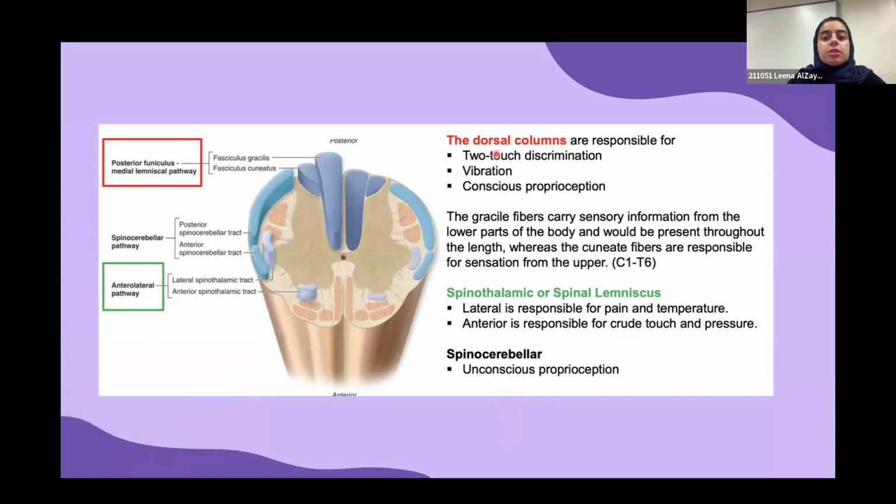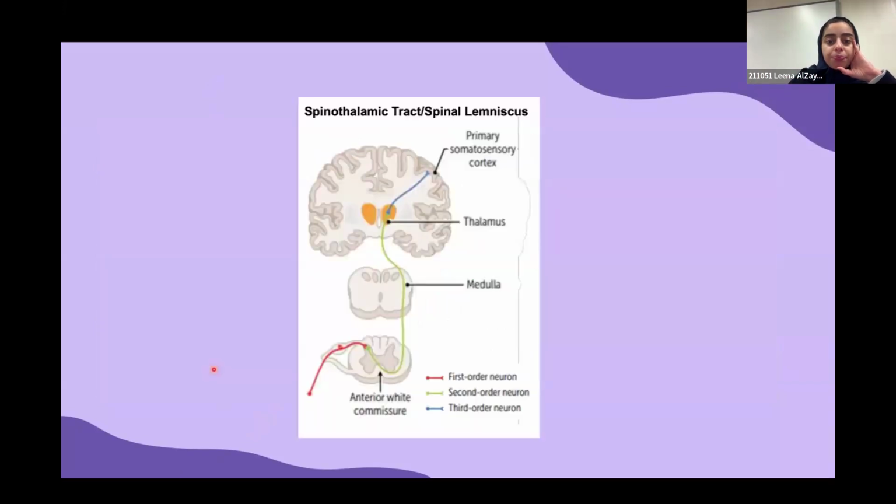The dorsal column has the gracilis and the cuneatus. The gracilis is responsible for the lower extremities, and the cuneatus is responsible for the upper extremities. So an injury in different fasciculi indicates different locations in the dorsal column. This is a reminder of the spinothalamic tract, about the decussation and so on, so that you just remember it at once.